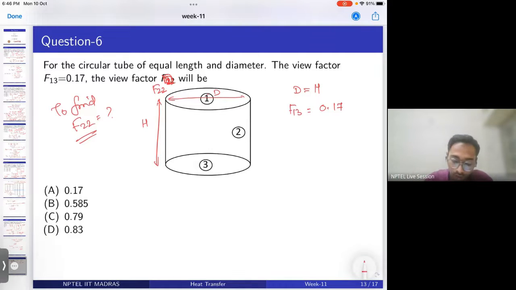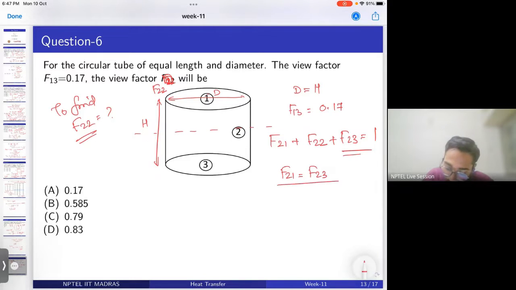That is, if I write the view factor of 2, I can write F21 plus F22 plus F23 should be equal to 1. But because of symmetry, F21 will be equal to F23. Both will be the same, because whatever emission this surface gives to this side, the same will be emitted to this side also.